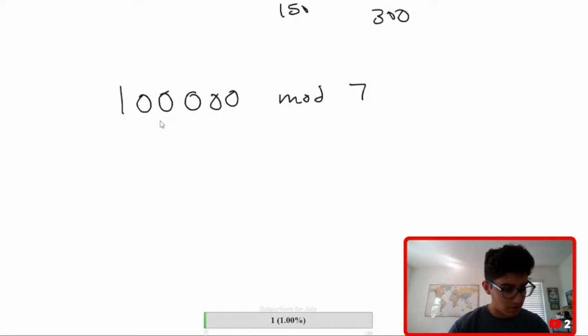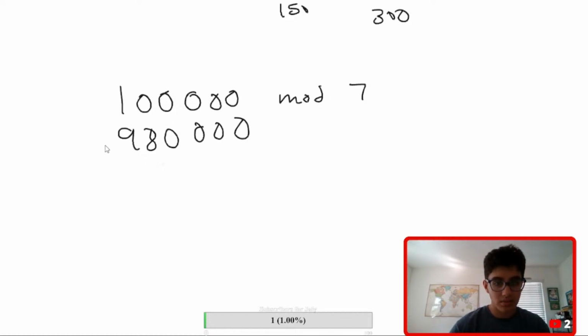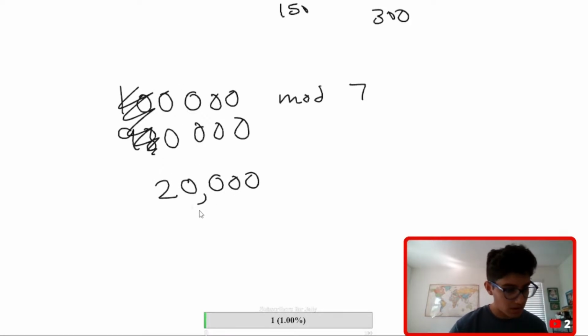So we can take out a 9,800. Right? We can take this thing out because we know that's divisible by 7, which leaves us with just 20,000. What can we take out? So actually we know that 21,000 works. So this is the same as negative 1,000 mod 7.